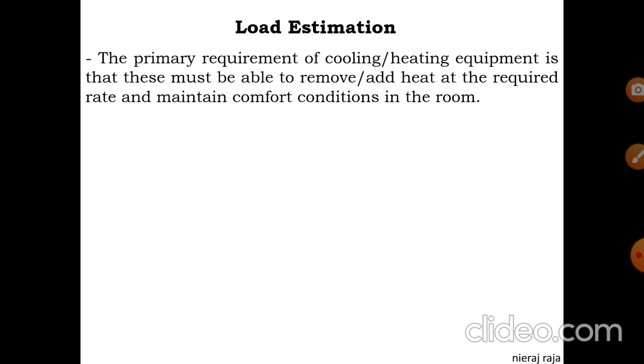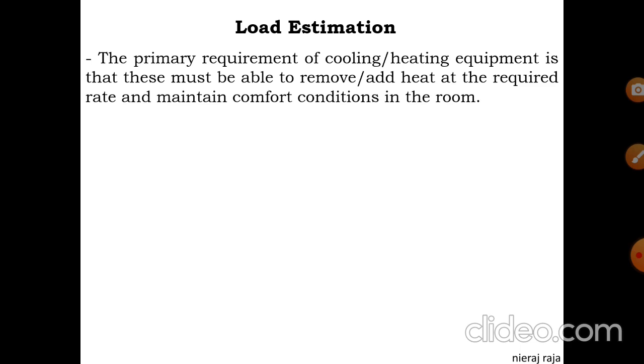If I have big halls or big spaces like a cinema theater, big offices, or a multiplex, then to air condition those spaces I could go for window ACs or multiple unitary systems.